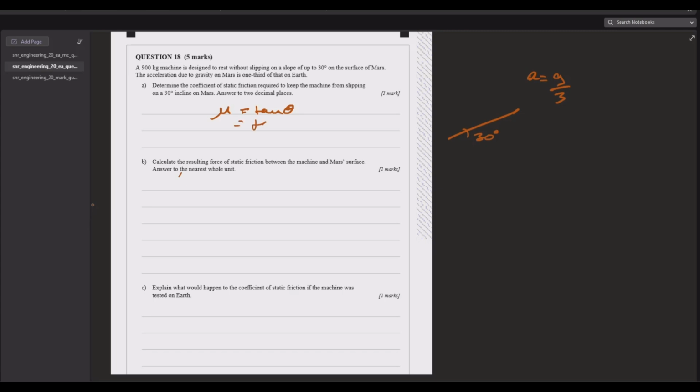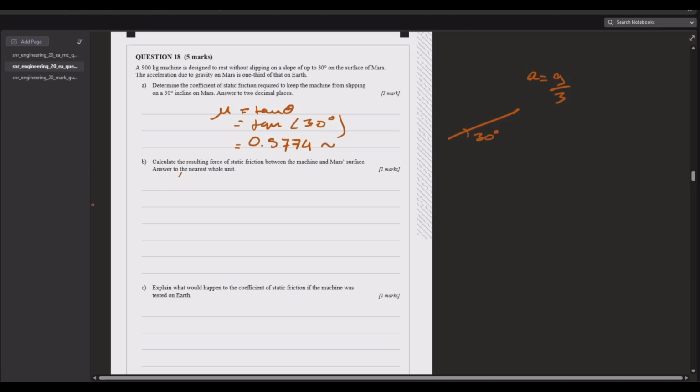So that's going to be tan of 30 degrees, and that is 0.5774. But they want us to round to 2 decimal places. If you don't do this, don't freak out, because in a lot of external exams, they completely disregard this in the marking criteria and will accept any answer as long as it has 2 or more decimal places.